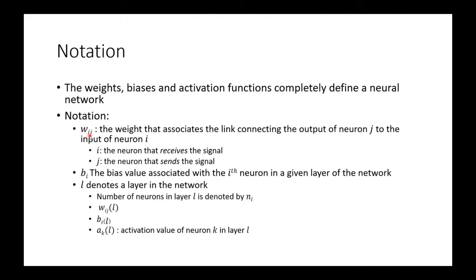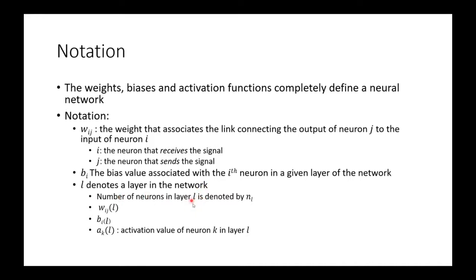The weight now has two indices, I and J, that basically associate the output of neuron J to the input of neuron I. So I is the neuron that receives the signal, J is the neuron that sends the signal. B_i is the bias value associated with the ith neuron in a given layer of the network, and we use L to denote a layer of the network.